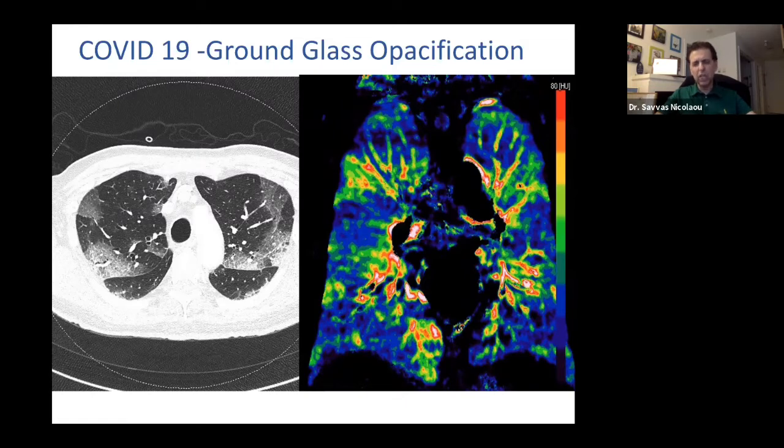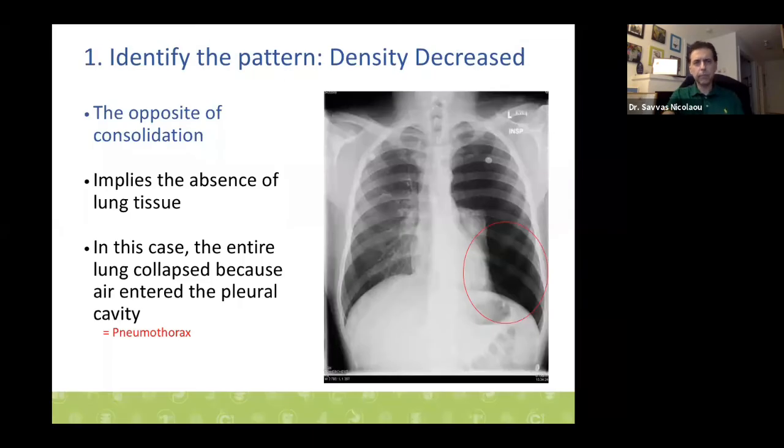If you see ground glass opacities, those are pathognomonic features of SARS-CoV-2 COVID-19 pneumonia. And those are the features that were initially seen in December of 2019 when the first cases were announced for the pandemic of SARS-CoV-2 or COVID-19 pneumonia.